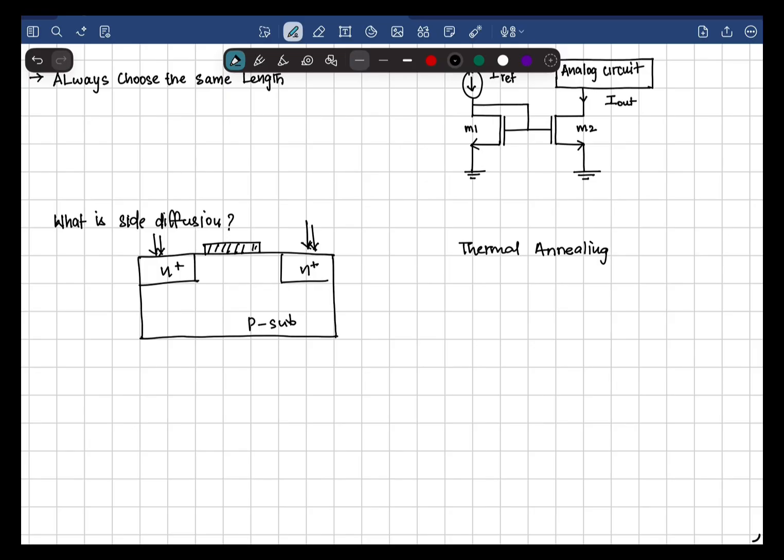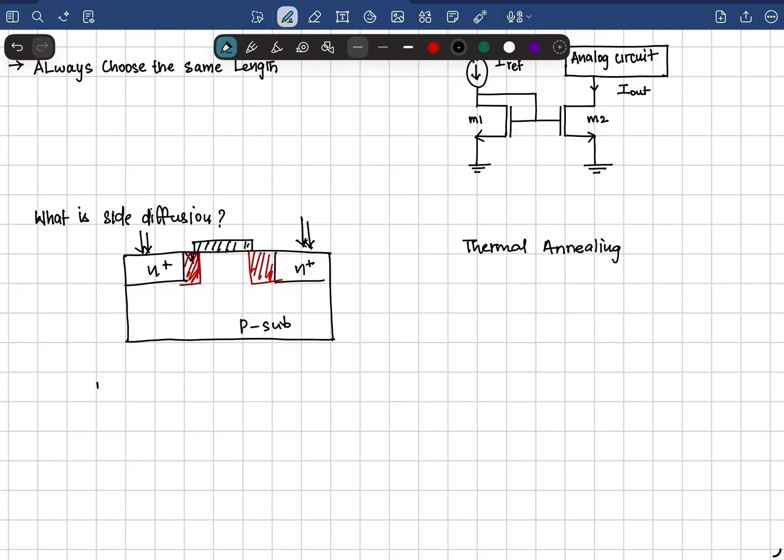So this is what happens when the MOSFET is subjected to thermal annealing, and at high temperatures, the structure of the source and drain regions kind of diffuses. So it becomes something like this. It diffuses underneath the gate area.